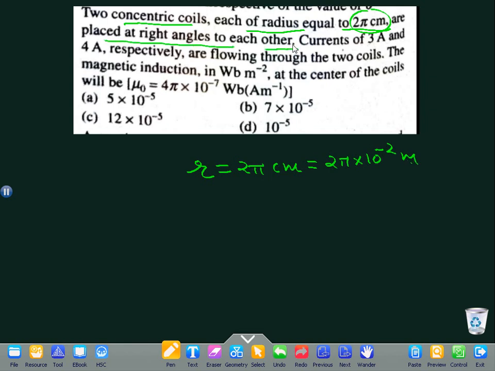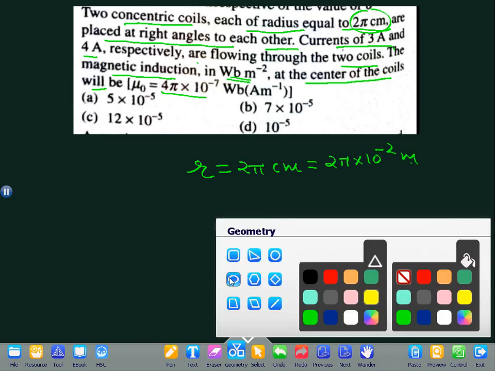Both these concentric coils are placed at right angle. Currents of 3 amperes and 4 amperes are respectively flowing through the two coils. The magnetic induction is in Weber per meter square. Mu naught is 4 pi into 10 raised to minus 7. So we have to determine the magnetic field at the center of the coil.